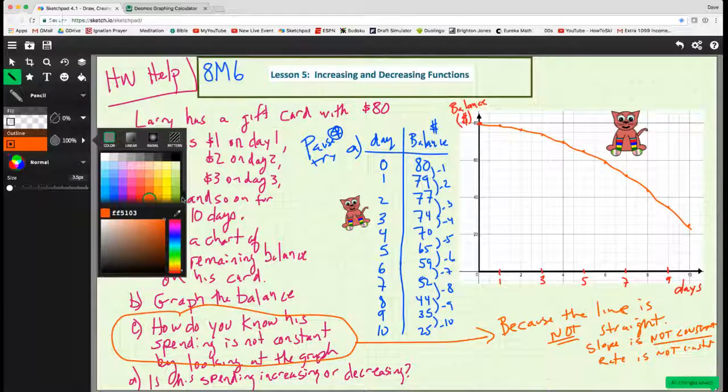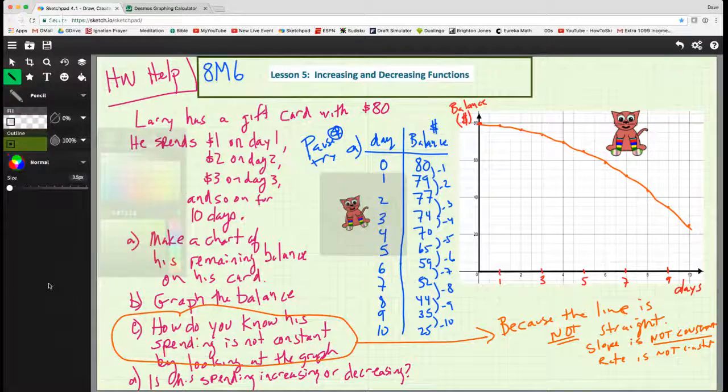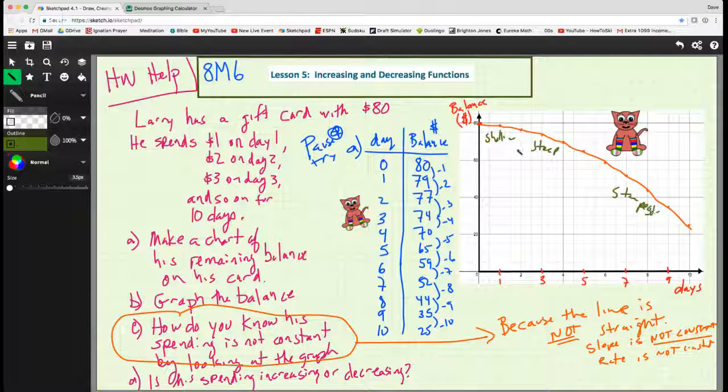Now, finally, is his spending increasing or decreasing? Well, is this line getting shallower or steeper? Well, this is shallow. This is steep. And this is steepest. So we get steeper and steeper.